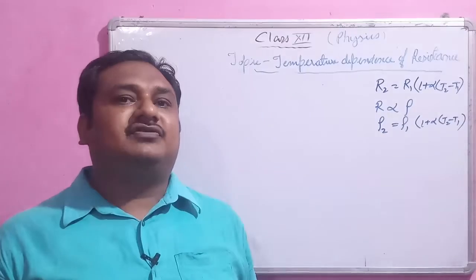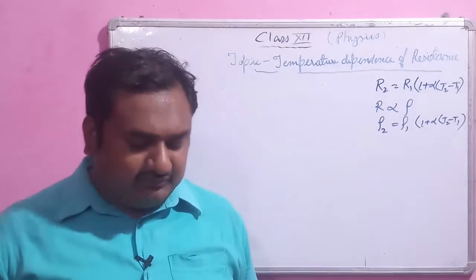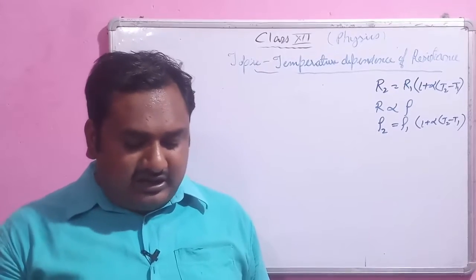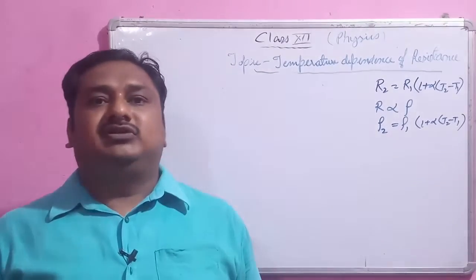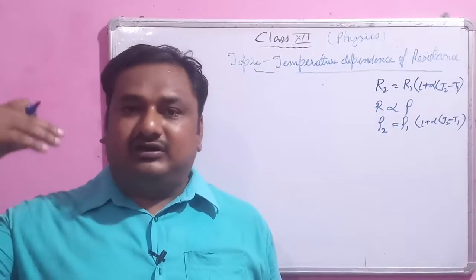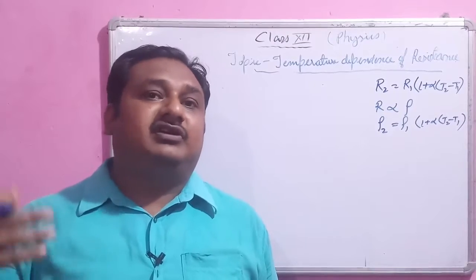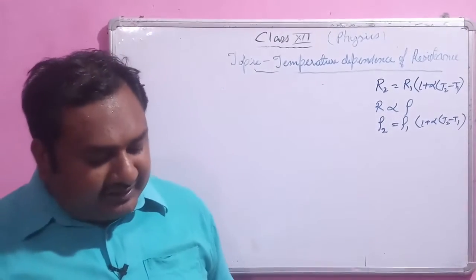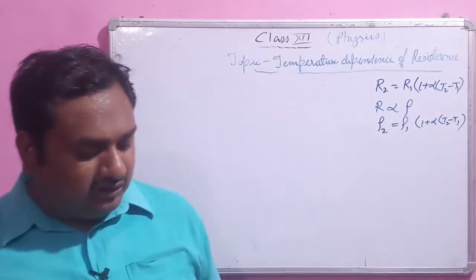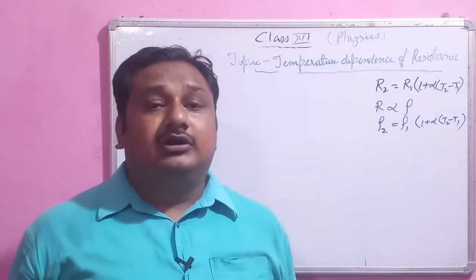What is the temperature of the element if the resistance is found to be 117 ohm? Means at a particular temperature T2, where R2 is 117 ohm, given that the temperature coefficient of the material of the resistor is 1.70 into 10 raised to power minus 4 per degree Celsius.